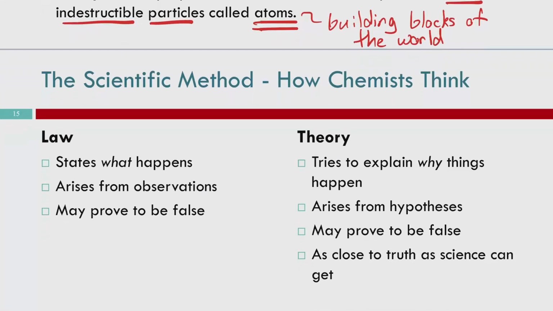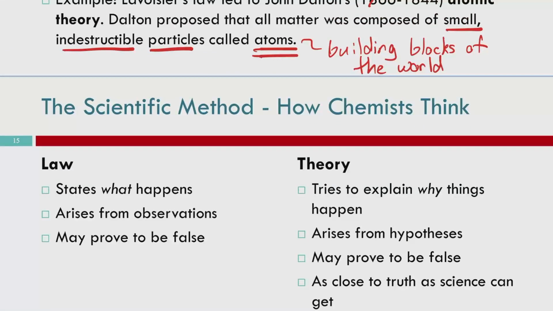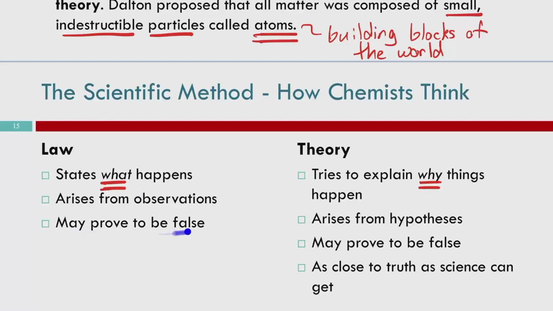So in summary, about our laws and our theories, our laws state what happens, and our theory tries to explain why things happen. A law can arise from observation. It could also come from hypotheses. Theories also come from hypotheses. Both of these can be proven to be false. In this class, the laws and theories that we are talking about, for the most part, are pretty ironclad, and they're probably not going to get proven false.